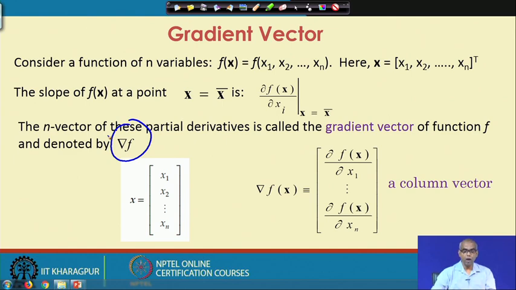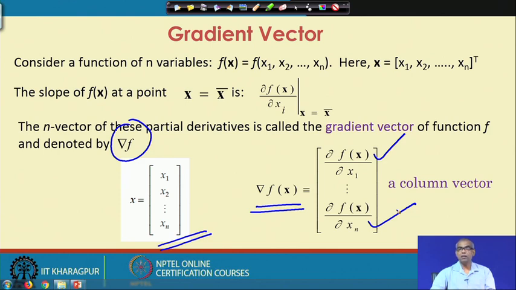So, if you have a function with n variables, the gradient vector of the function will have components which are partial derivatives of the function with respect to each variable. So, they will be del f del x 1, del f del x 2, del f del x 3 up to del f del x n.